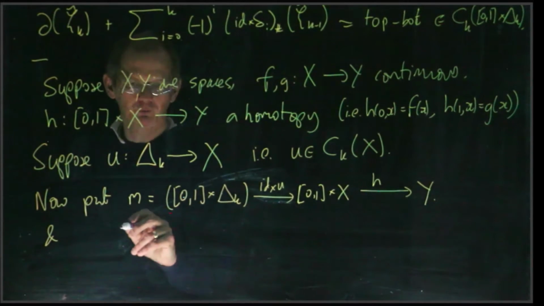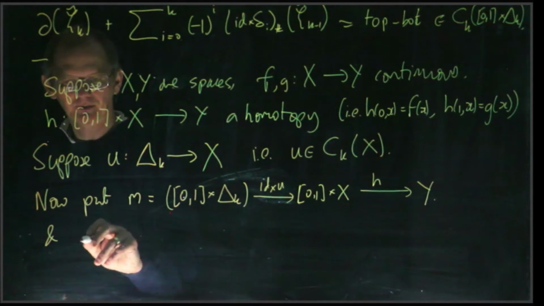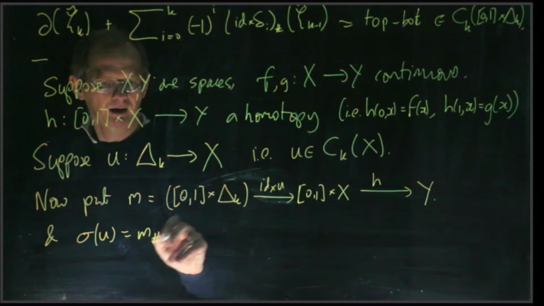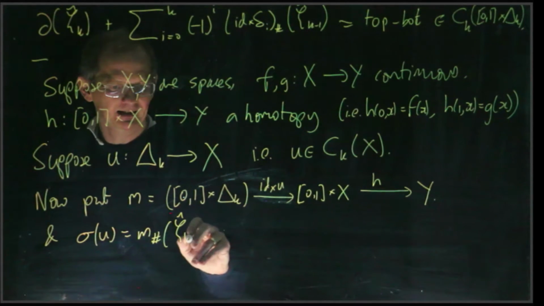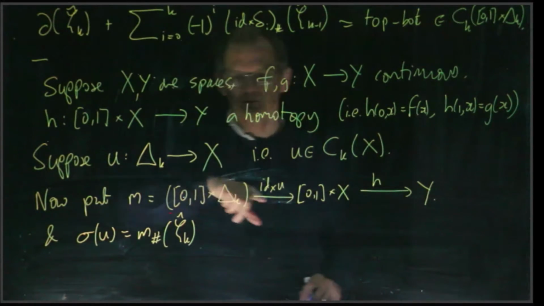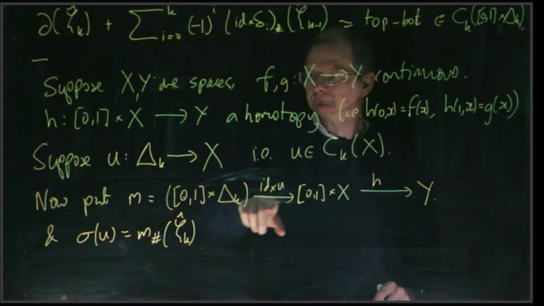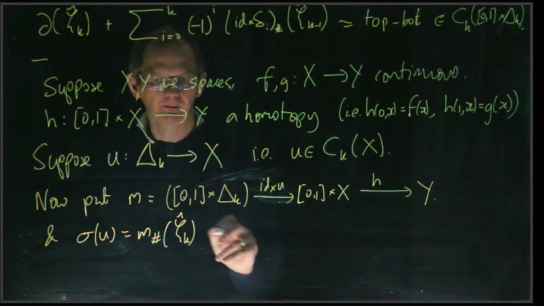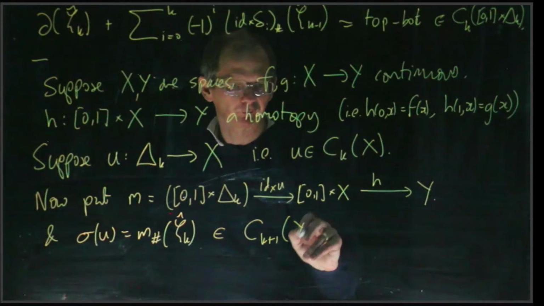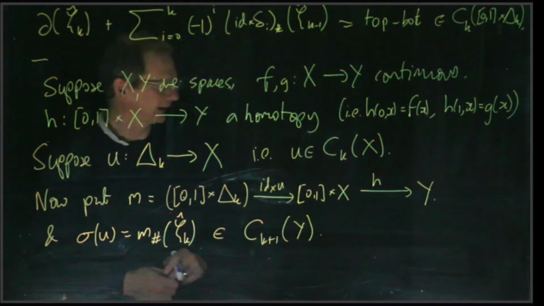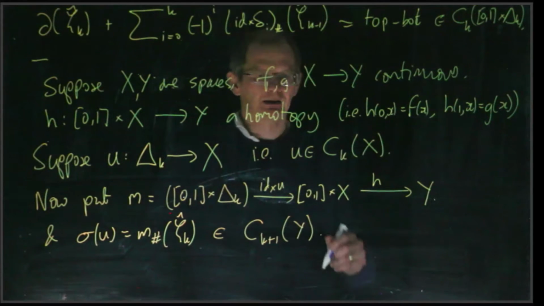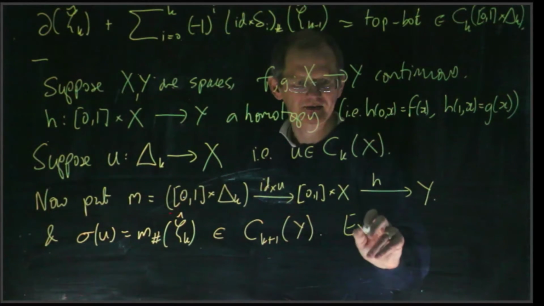So I can do M lower hash. I'm going to put sigma of u to be M lower hash of zeta hat k. So that's in C_{k+1} of Y. Then we can extend linearly.